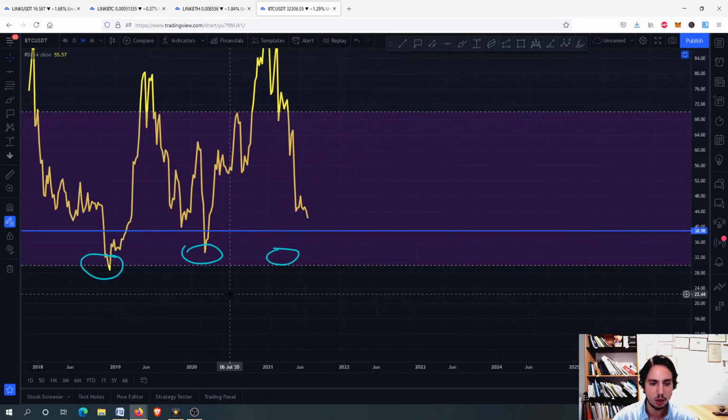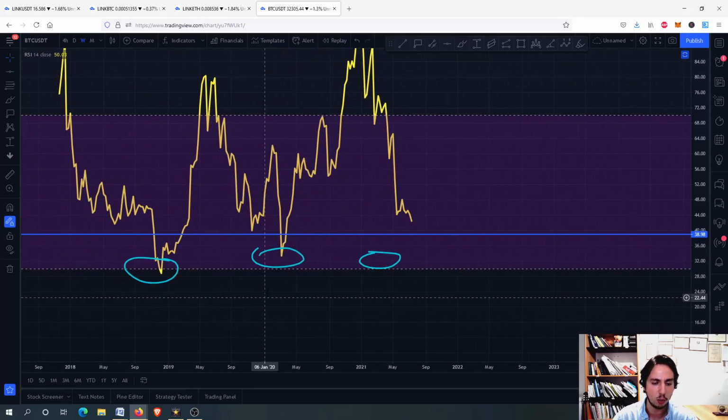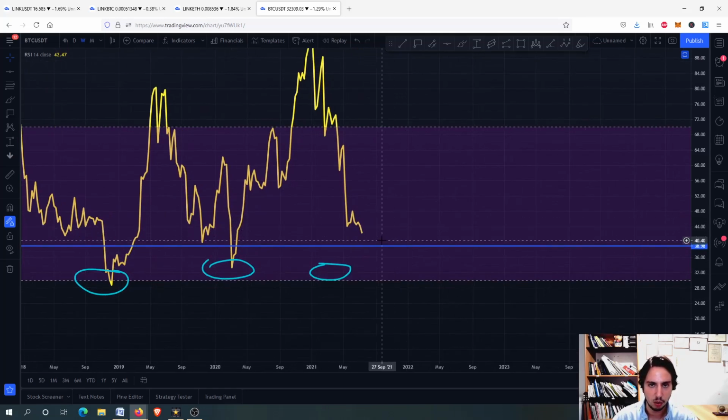Because each time we are approaching a top, you can see a bottom, sorry, you can see that we are going higher low. We are having a higher low in the RSI. Before, on 10 September 2018, we went below 30. Afterwards, we went a little bit above the 30, and now we might stop around this support blue area right here. So yes, we can. Eventually, we go all the way down.